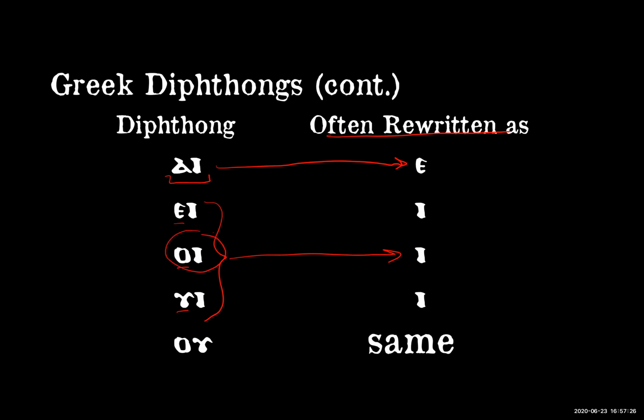This one is the one I see most often, not rewritten. And this one, because I only see one word that has this and it's common. So those become E. It's the same thing. It's the same reason that this became an E and this became an E.